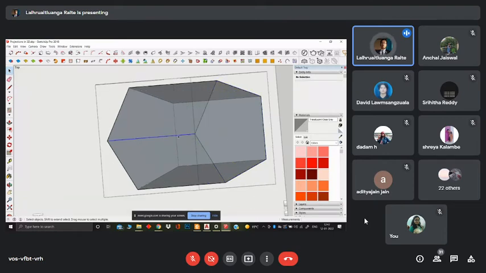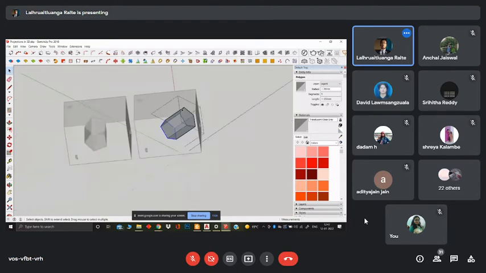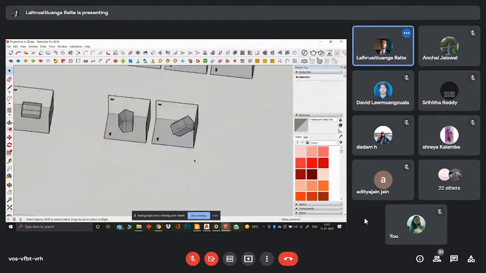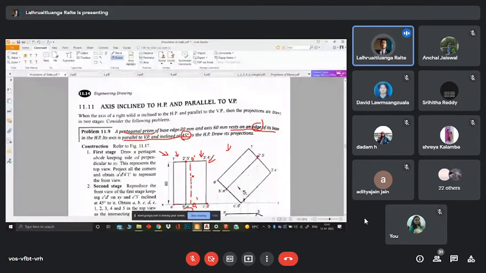So these lines are going to be directly visible along with the entirety of this hexagonal profile and these lines. All right. Now that is when an axis is inclined to the horizontal plane and parallel to VP. I believe we'll have more exercises over here.